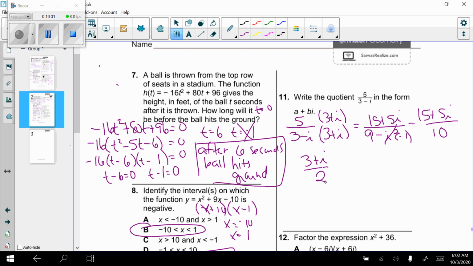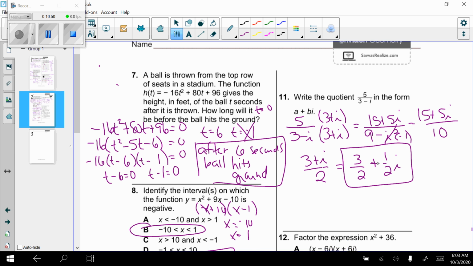Remember, I can separate this. This is the same thing as saying 3 halves plus 1/2 i. There's my answer. It is in a plus bi form because my real number is first and my imaginary number is second.